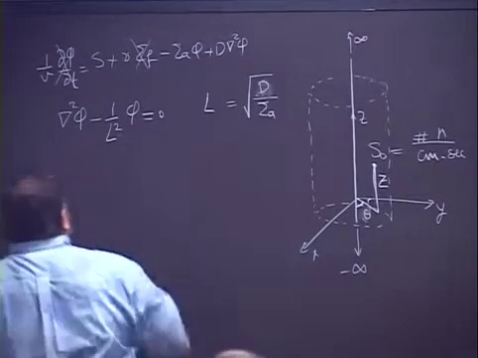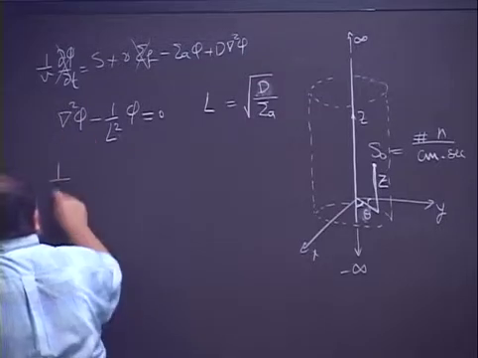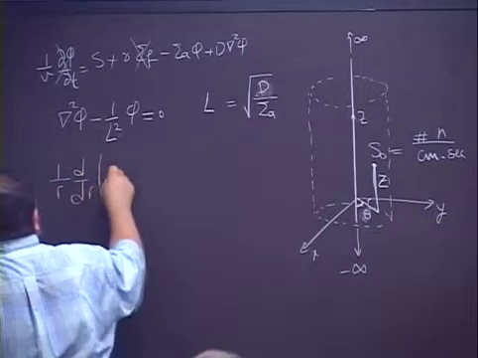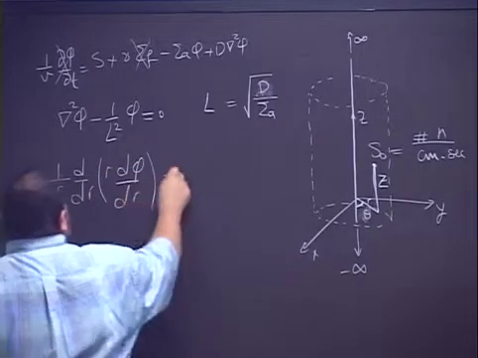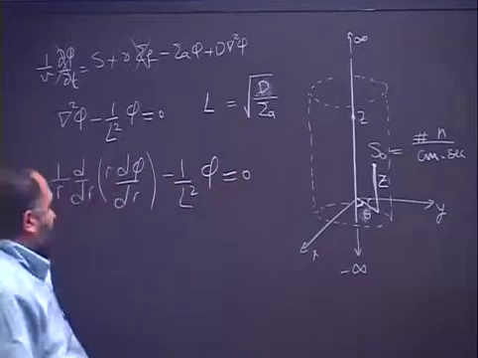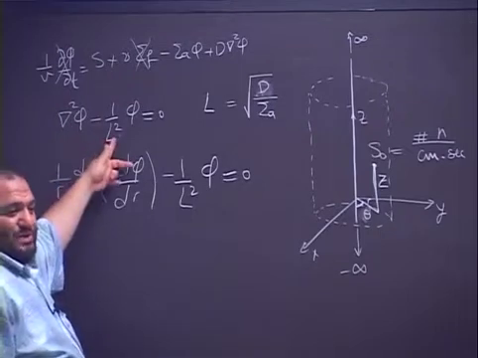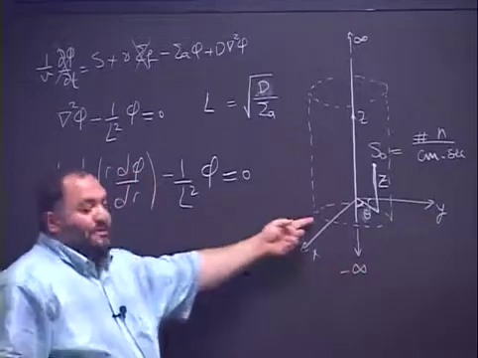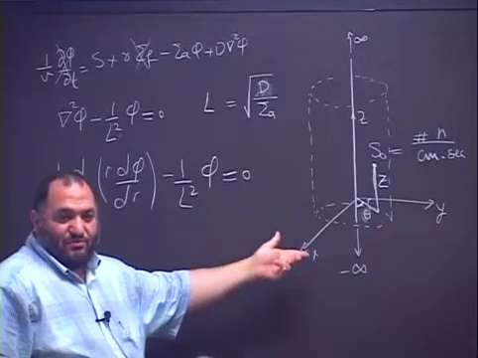What's the component in r of the Laplacian? It's 1 over r, d by dr, of r d phi by dr, minus 1 over L squared phi equals 0. This is the r component of nabla squared. We eliminated the z component because of the infinite source in z, and the theta component because of the symmetry.